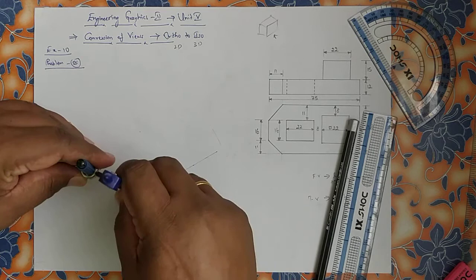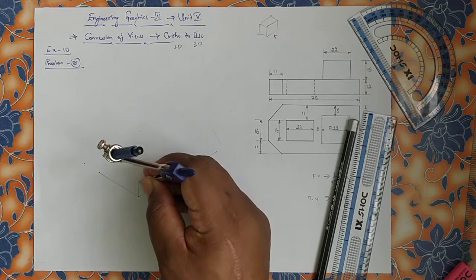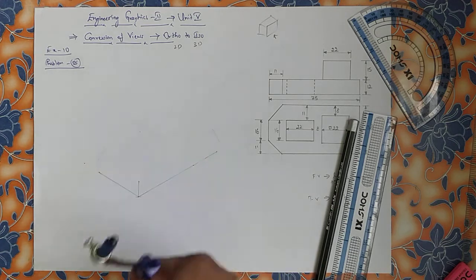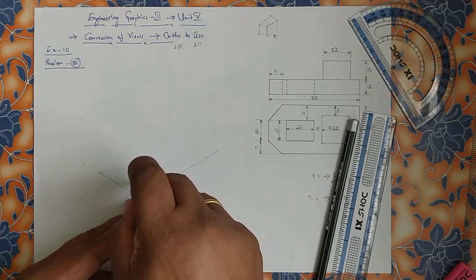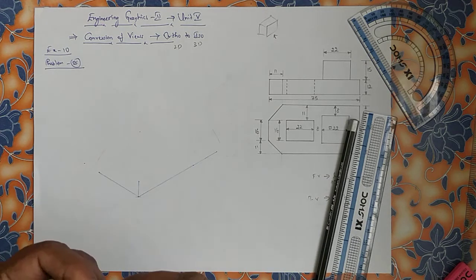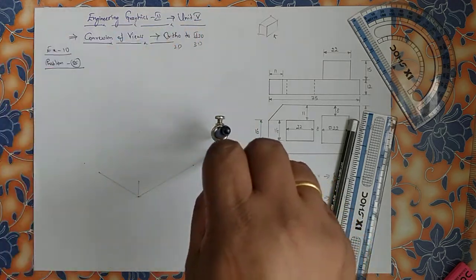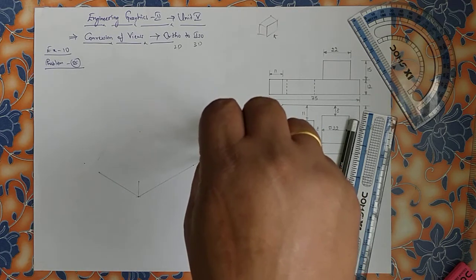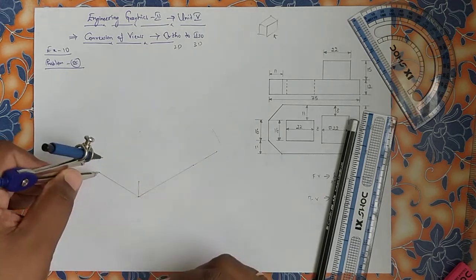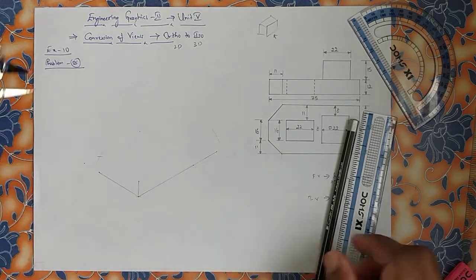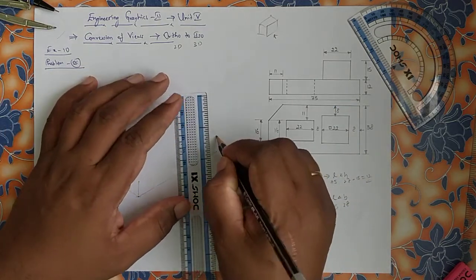Now breadth, from this point, drawing an arc, height 12, so that arc intersection will give just an accurate parallel line for what you are expecting with respect to the height. Intersection.